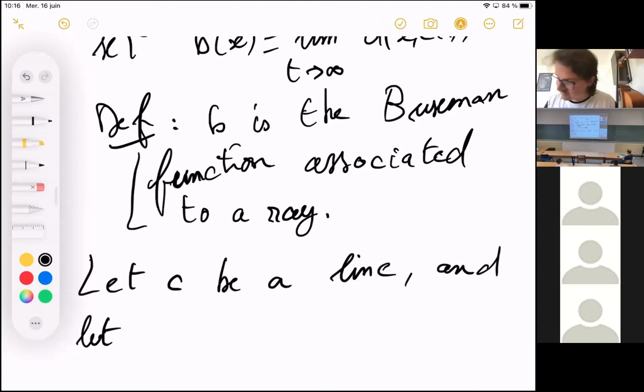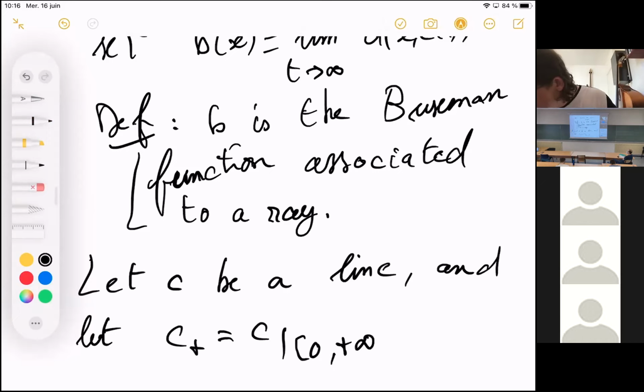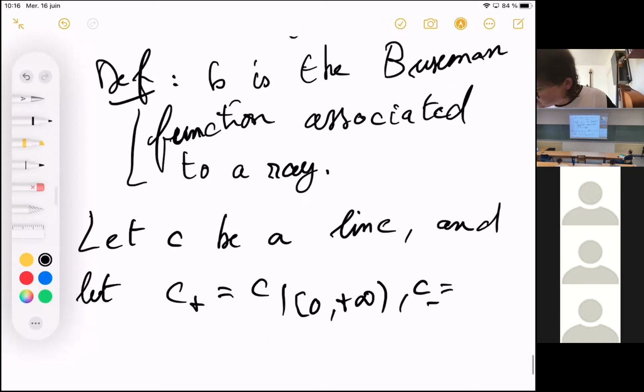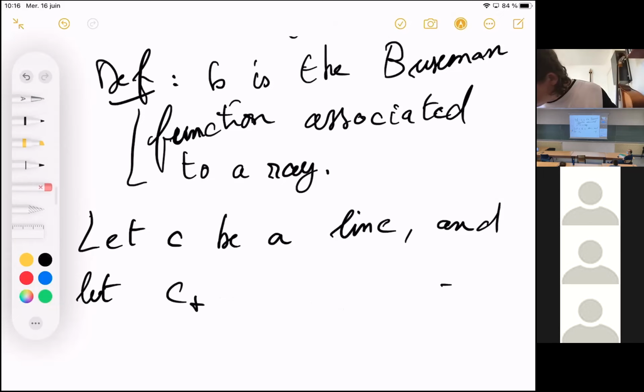And let C plus be the restriction of C to 0 to plus infinity, and C minus the restriction to the other half.